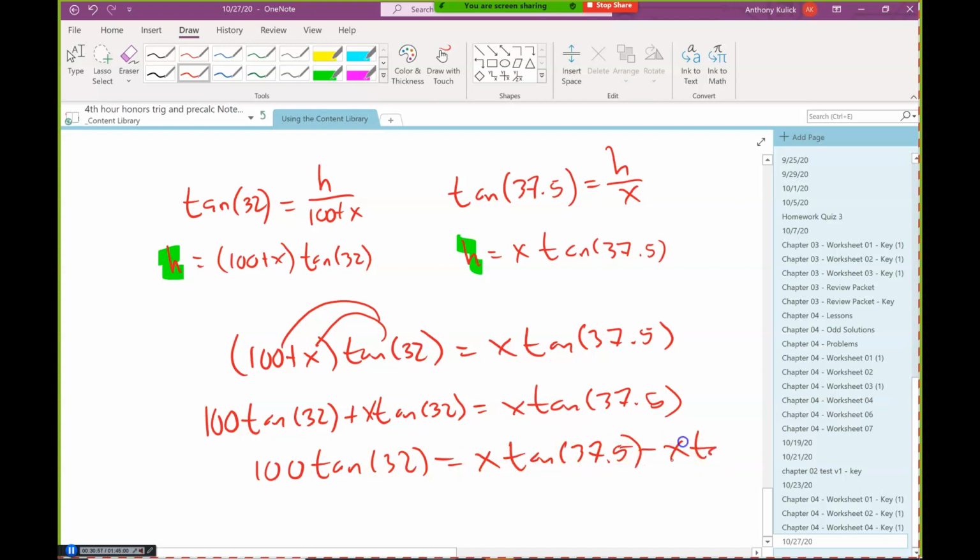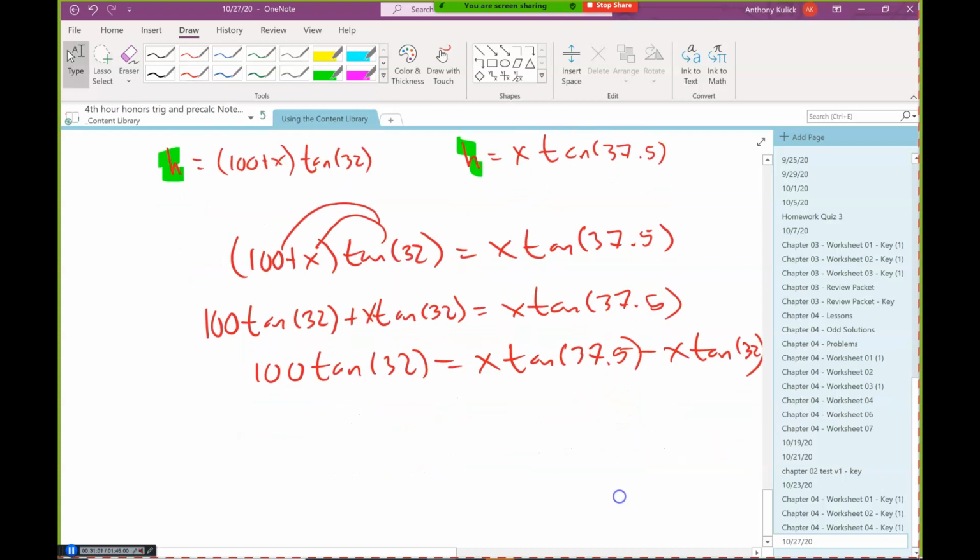Notice that x tan 37.5 and x tan 32 both have an x in common. So I'm going to factor that x off. Oops, that's a minus. And then I'm going to divide by tan 37.5 minus tan 32.